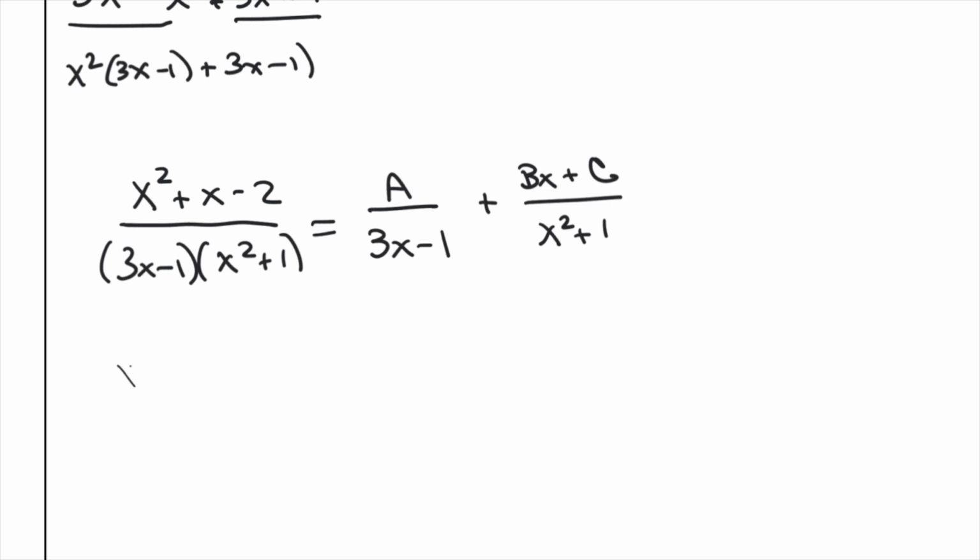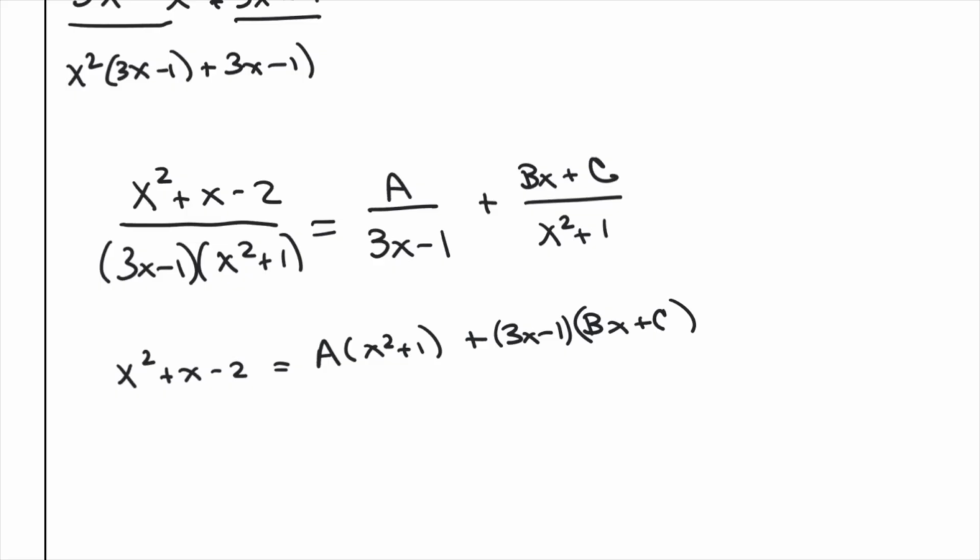Next, we find our common denominator. x squared plus x minus 2 has to be equal to A times your x squared plus 1 plus your 3x minus 1 multiplied by your Bx plus C.